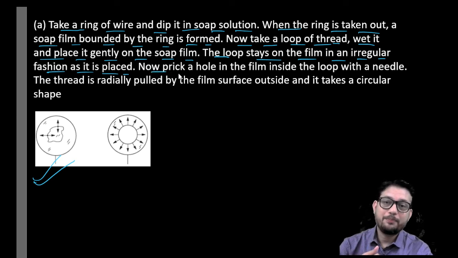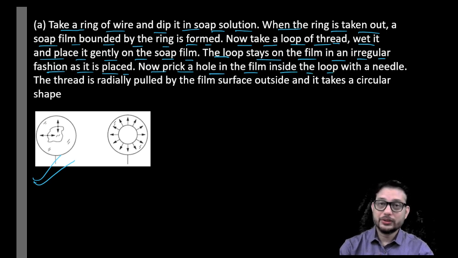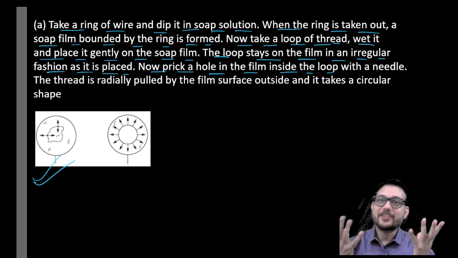Now prick a hole in the film inside the loop. So when you prick a hole inside the loop with a needle, it is like a balloon filled with air, and you take a needle and prick it, then it will burst.